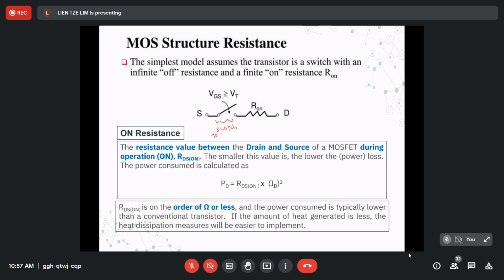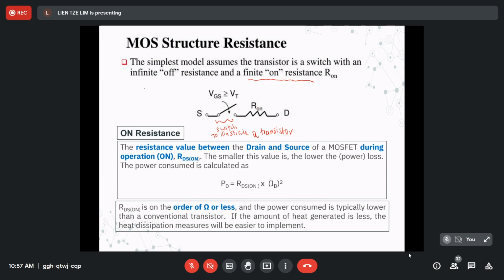To illustrate a transistor, in a real case, this switch comes with a resistance. We call this resistance a finite on resistance. When the switch is off, there is also a resistance.